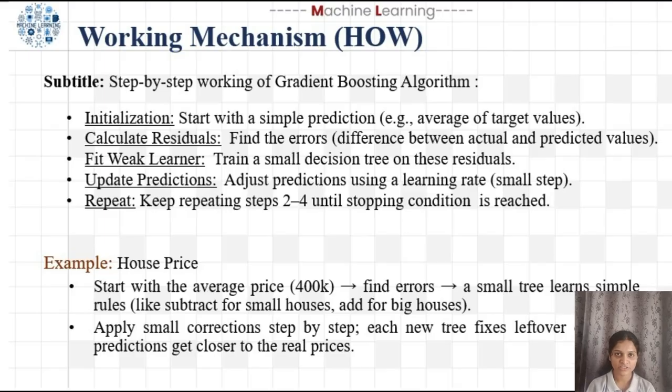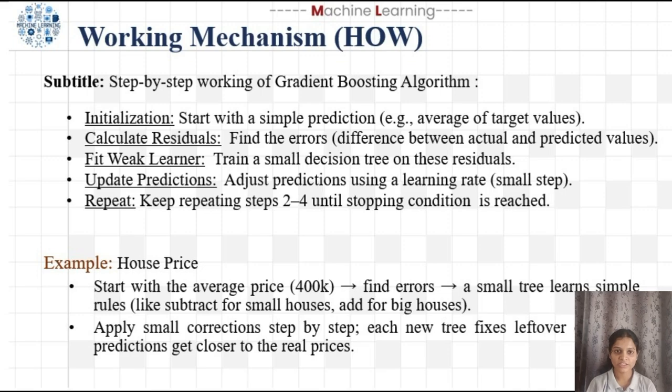The error between this actual value and the predicted value is 1 lakh. This is the calculated residual. Then a small decision tree is trained only on those errors. If the house is small, it subtracts 1 lakh from that value, and if the house is large, it adds 50,000 to that value.